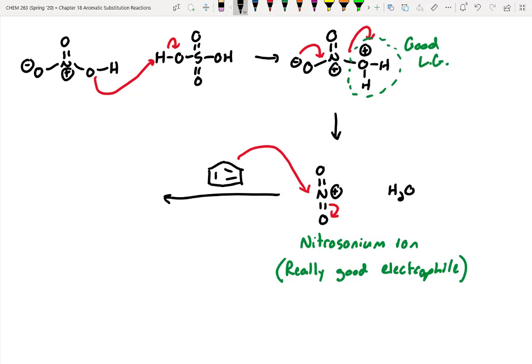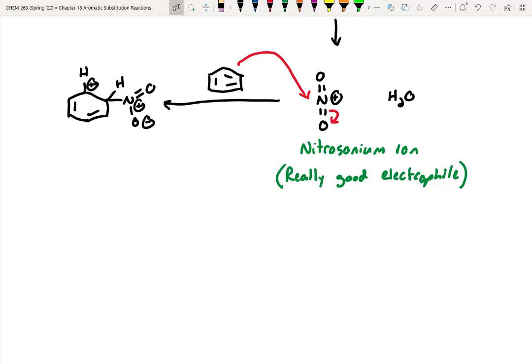All right, so we're almost there. Again, we're going to form this arenium ion. And this arenium ion is a key feature of any of these electrophilic aromatic substitution reactions. So we do have to break aromaticity, but that's okay because we have water floating around that was kicked off in that previous step.